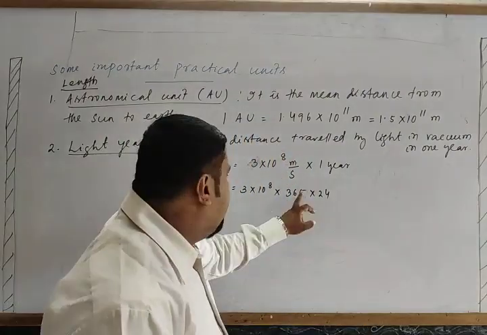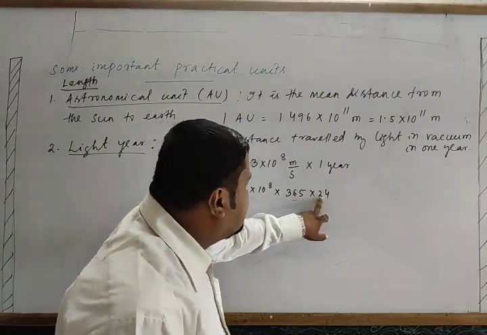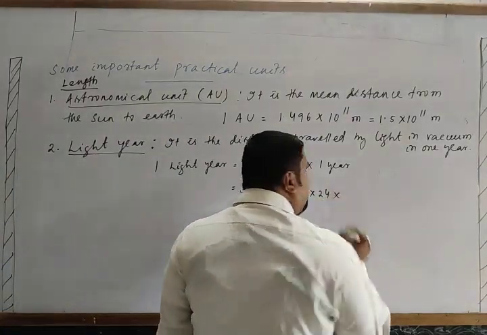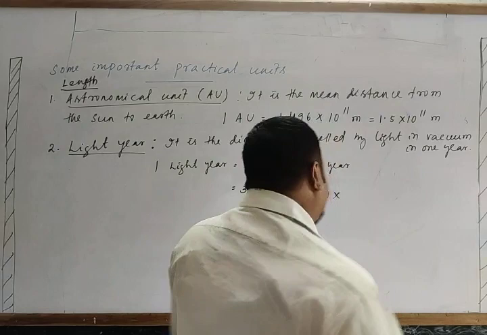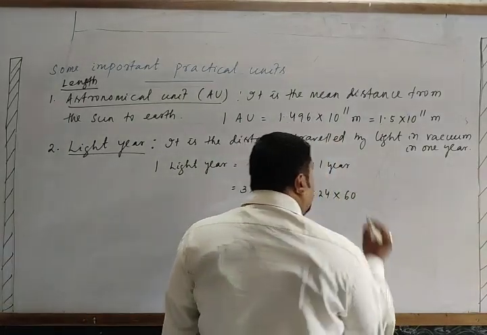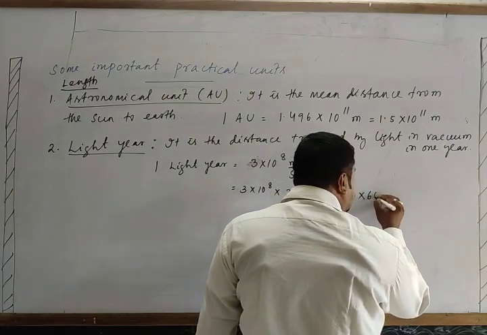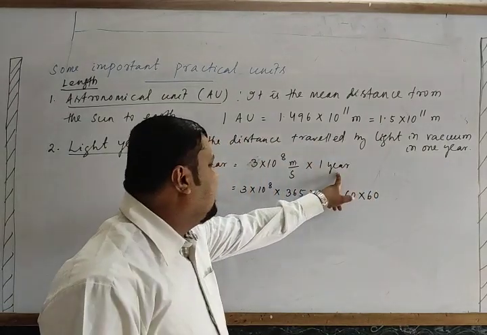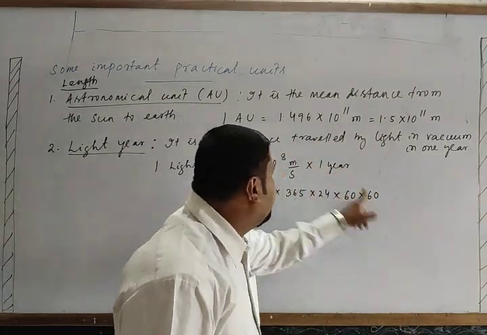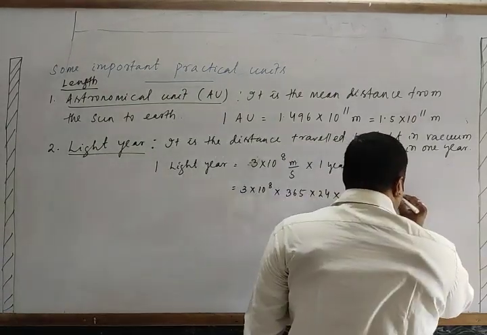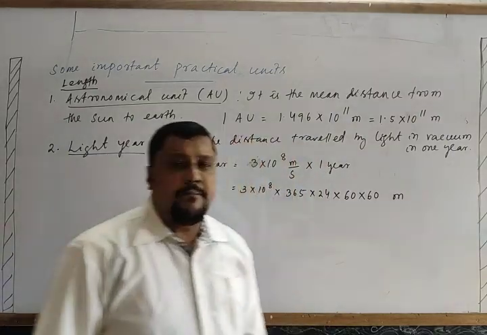In 1 hour there are 60 minutes, and in 1 minute there are 60 seconds. So 1 year is this many seconds. You multiply by this to get the total distance in meters.